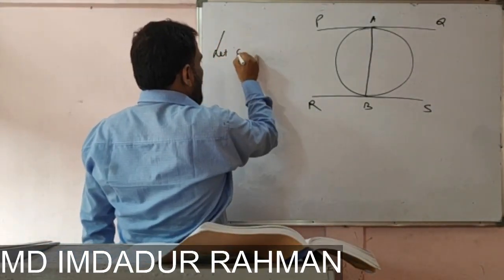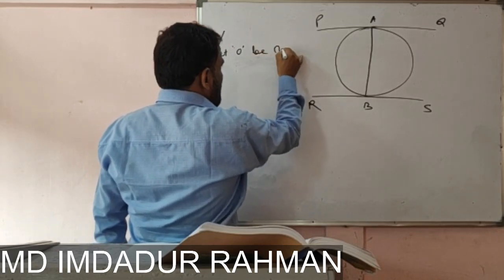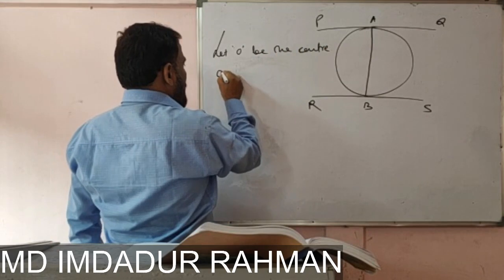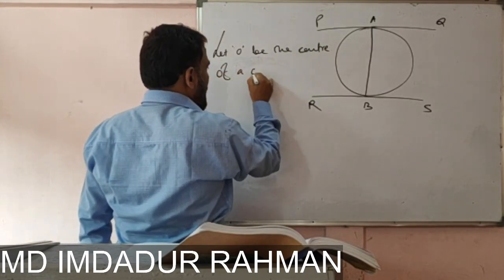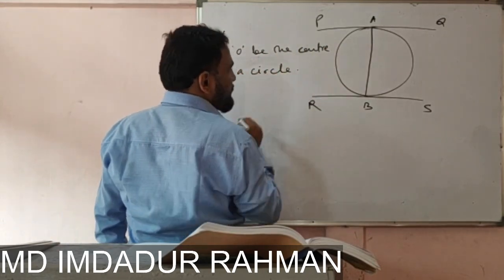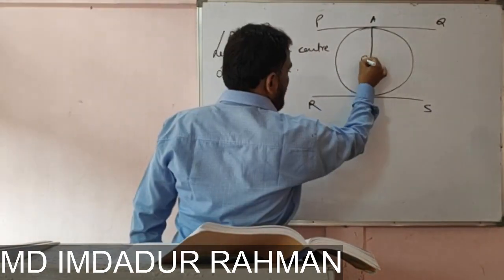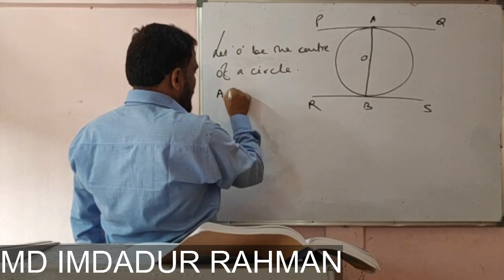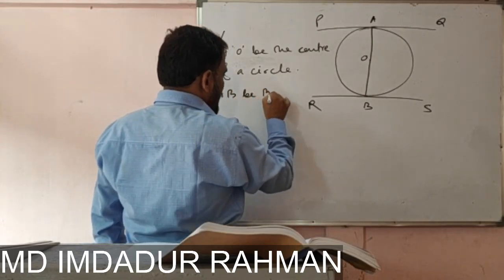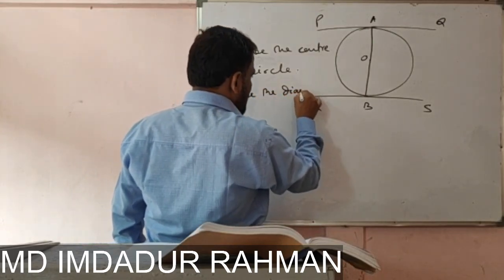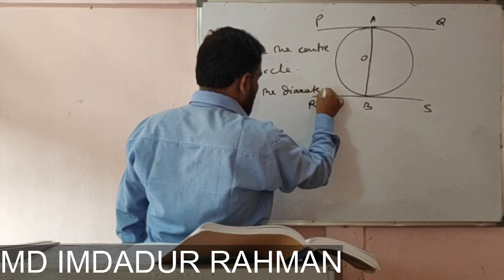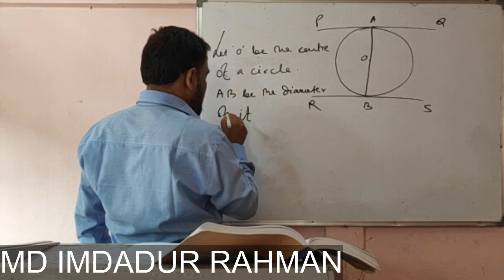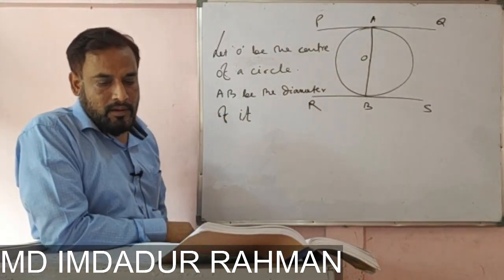Let O be the center of the circle. Here it will be O. AB be the diameter of it.